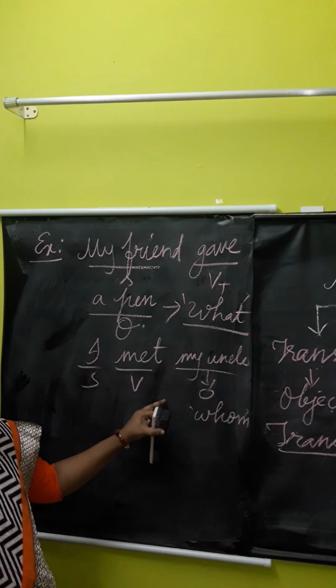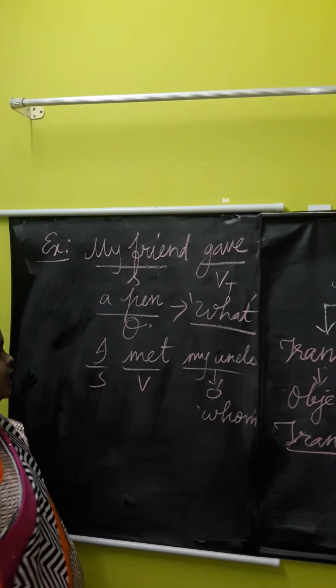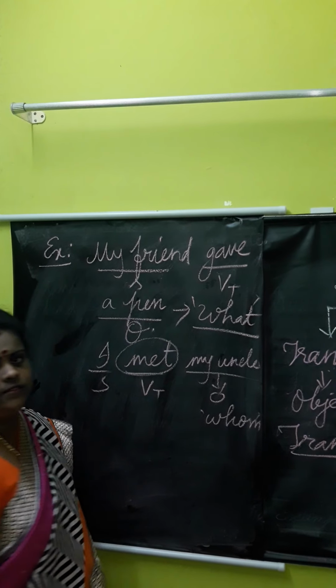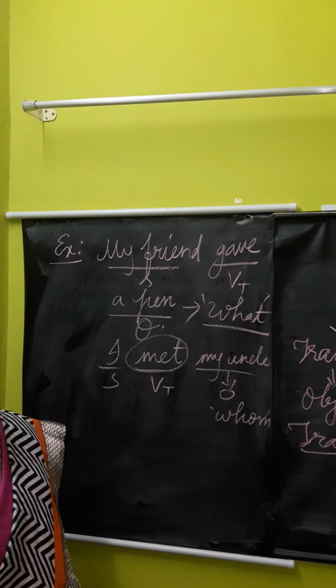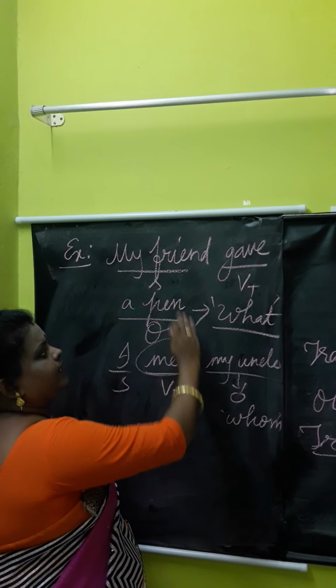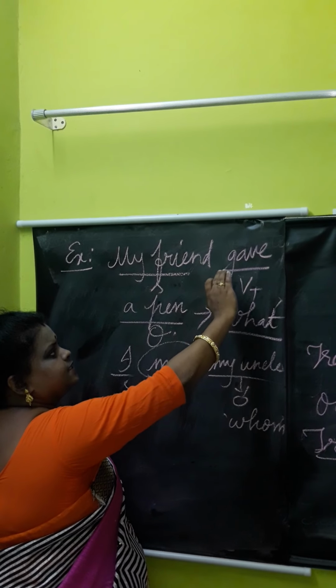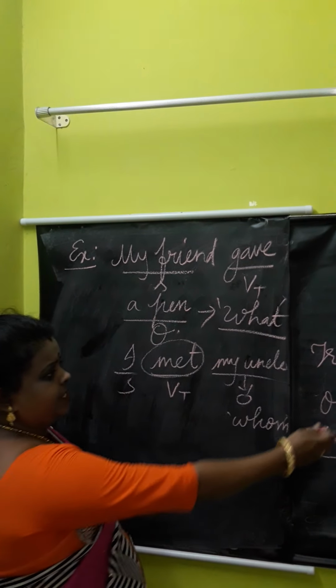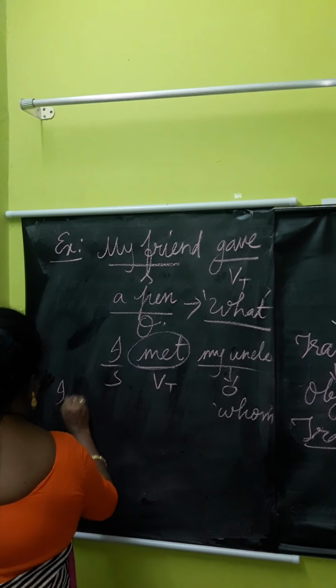So in this sentence also we have an object. So this verb is VT, transitive verb. If any object is found in a sentence, that particular verb is called a transitive verb. And let's go to the intransitive verb.